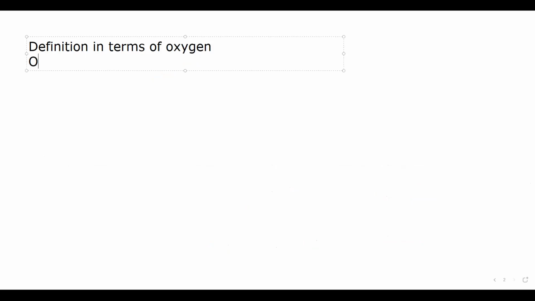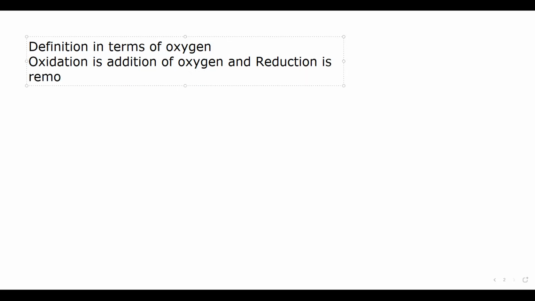So oxidation is actually addition of oxygen, and reduction is removal of oxygen. So when oxygen is added to something, we call it oxidation, and if oxygen is removed, we call that reduction.